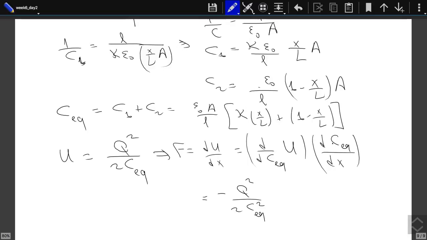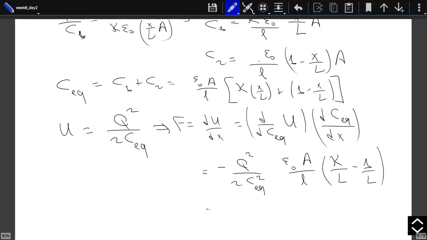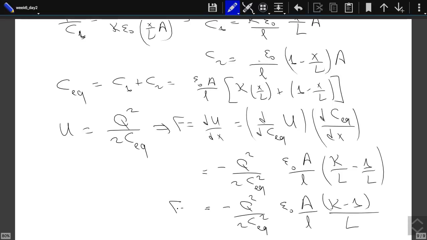Well, the derivative of the equivalent capacitance with respect to x is just epsilon 0 A over L times kappa over large L minus 1 over large L. This is equal to minus Q squared over 2 equivalent capacitance squared times epsilon 0 A over L, kappa minus 1 divided by L. This is the force.